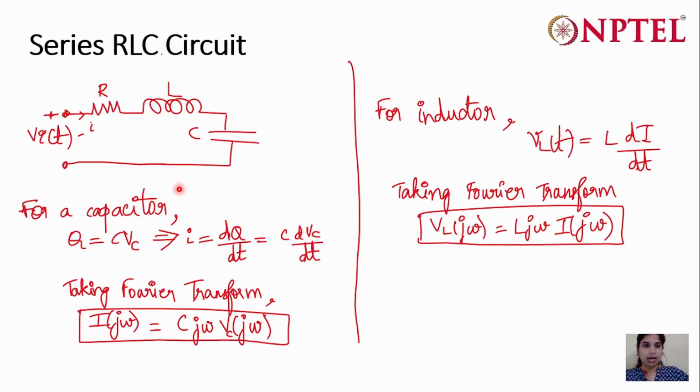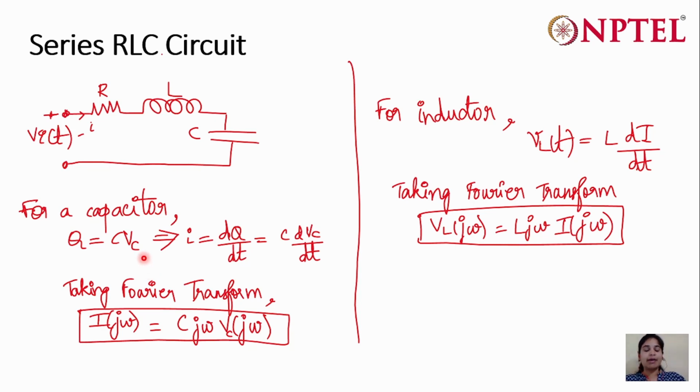Okay, let us see how to do this. We are considering a series RLC circuit, and our input voltage is Vi of t. If I take a capacitor, the charge in a capacitor is C into Vc, the product of capacitance and voltage across the capacitor.